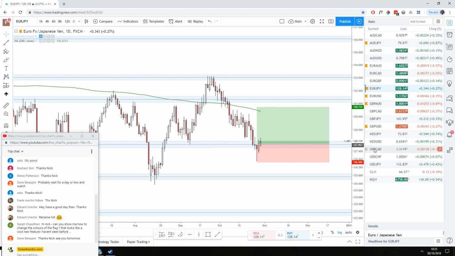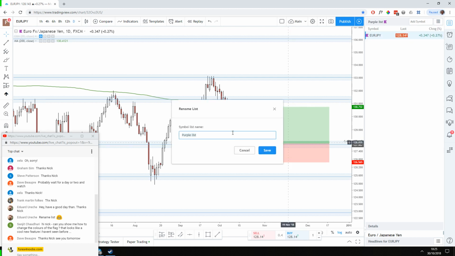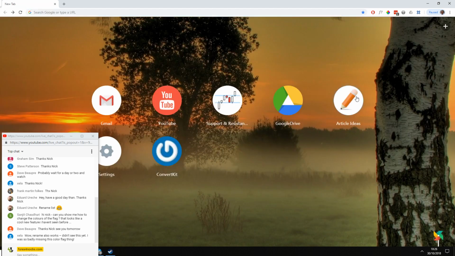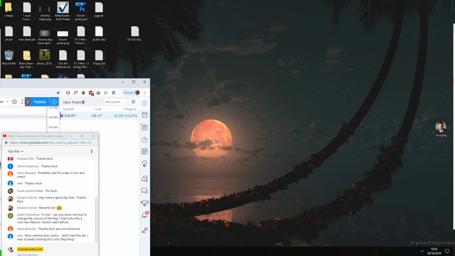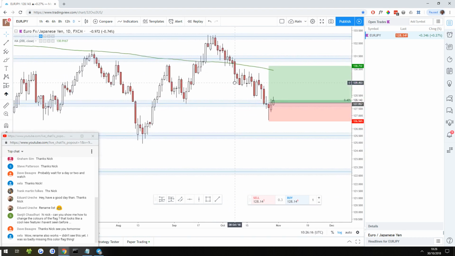I unmarked the purple one, which was, where is it? Oh, I marked it orange, that's why. Okay. So we've got pairs to watch, open trades. We can rename the red list to something else. Oops. Oh no, it's still here. Right. Never mind.